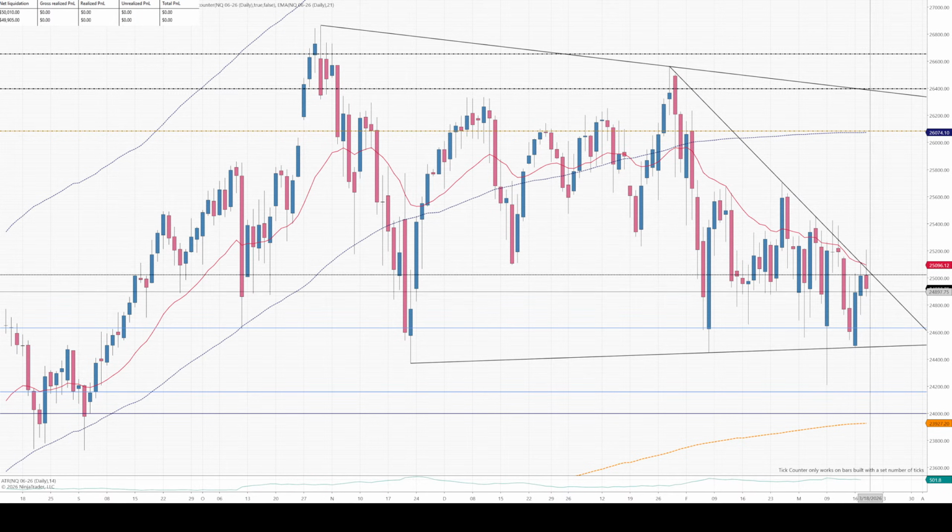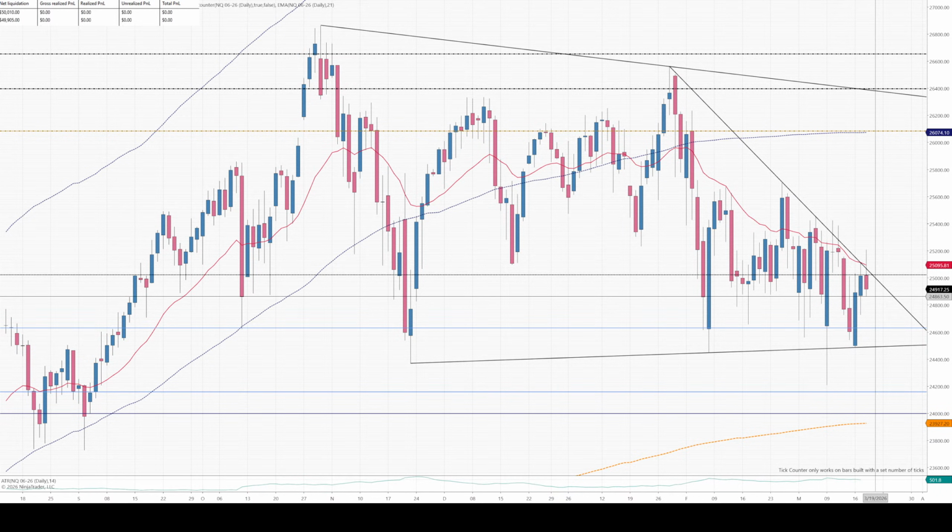This downward trend line, the 21 EMA, just this congested area here on the Nasdaq, and sellers brought it right back down below 25,000. So right now we're at 24,900 range.